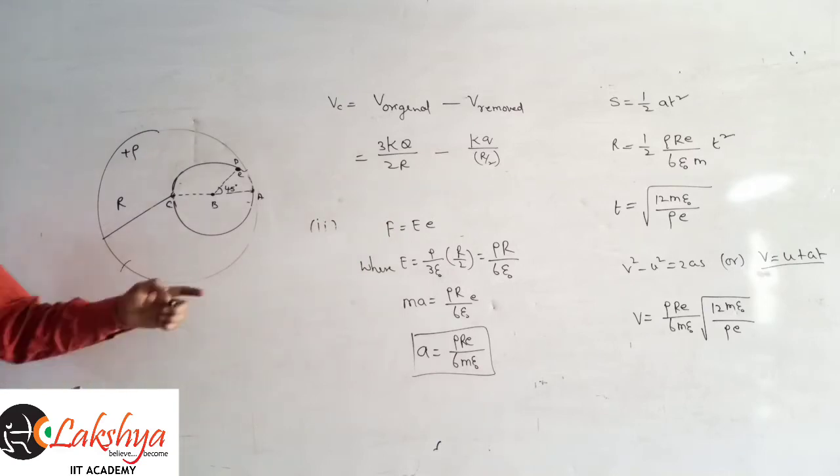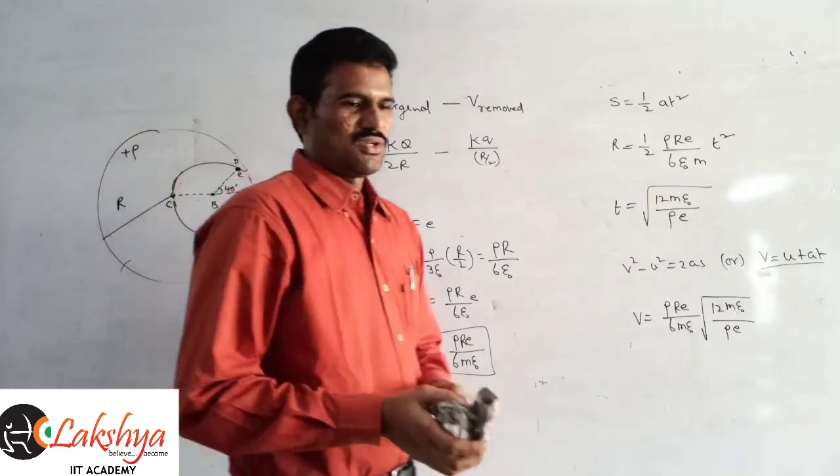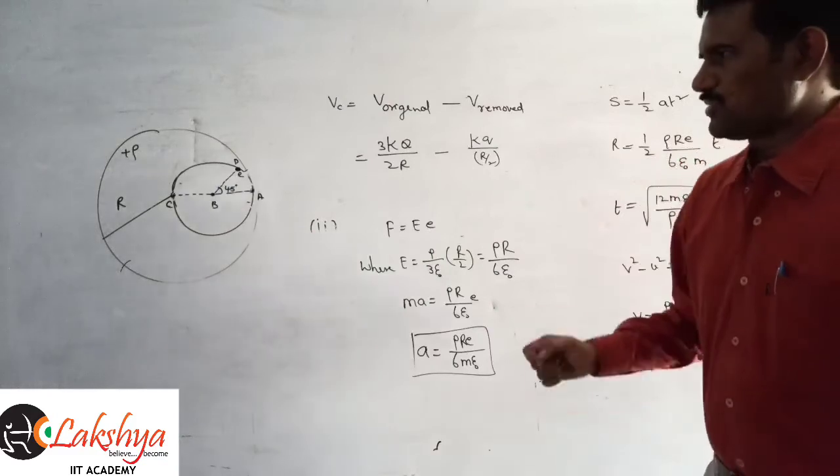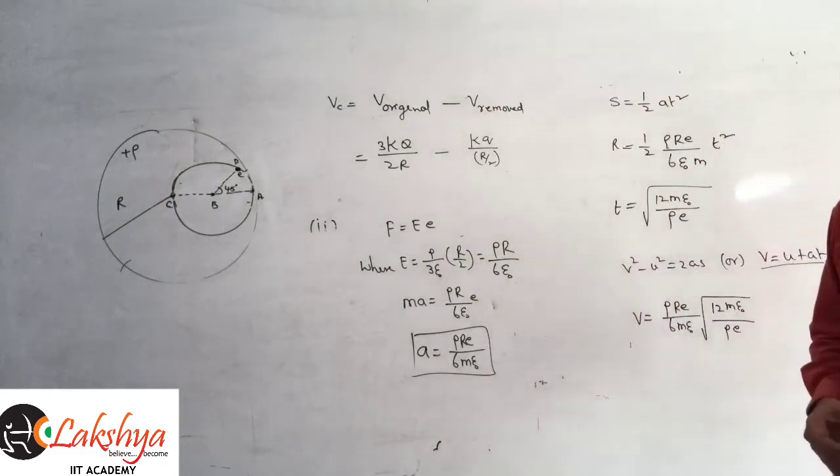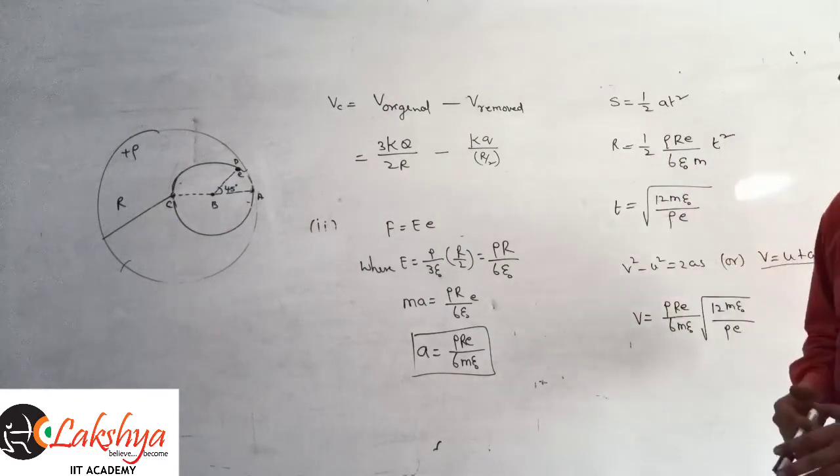So just mention it as the next question. In the above question, if the electron is released from the point D as shown in the figure, then draw this diagram again.